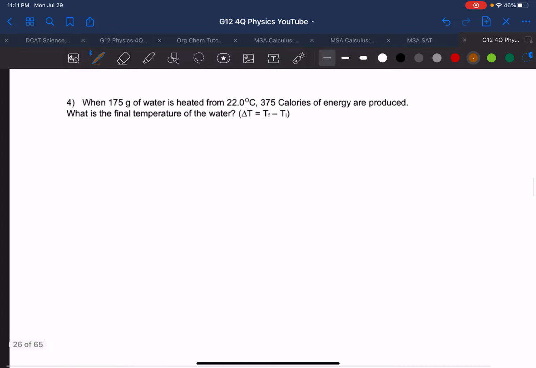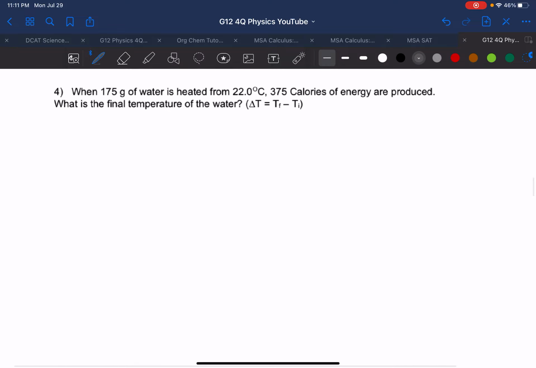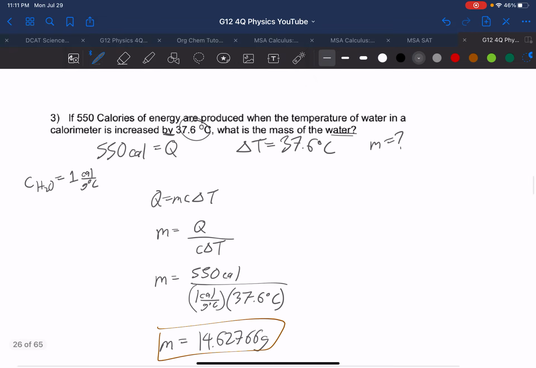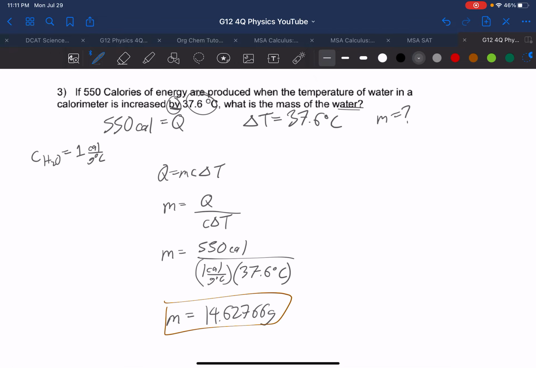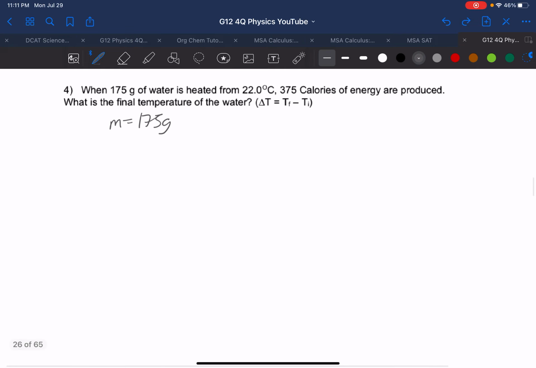Okay, number 4. We have 175 grams of water heated from. So, like what I said earlier, if we see by, definitely that's delta T. But if it's a different preposition, it may indicate a different idea or meaning.